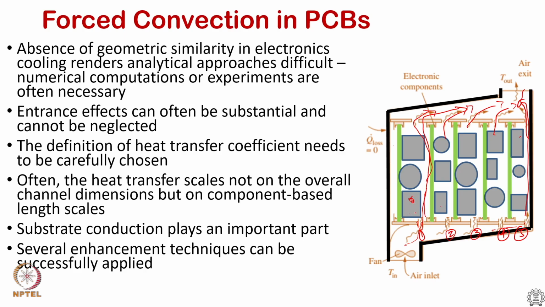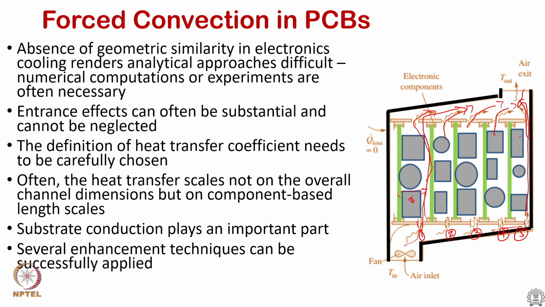Will it be the height of this heat sink, or will it be the height of this, and so on. So, you are running into multiple questions rather than answers, and how heat is dissipated by the substrate and so on. So, you really need to focus on what scale to use and how one can approach this problem.